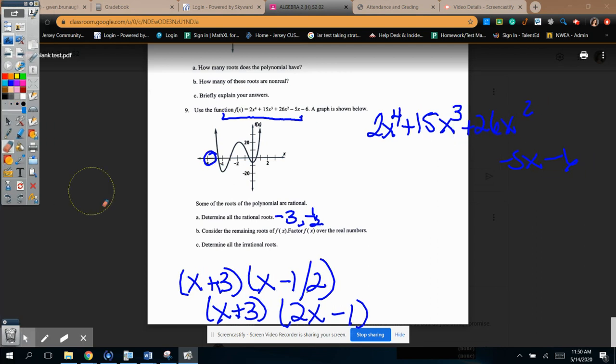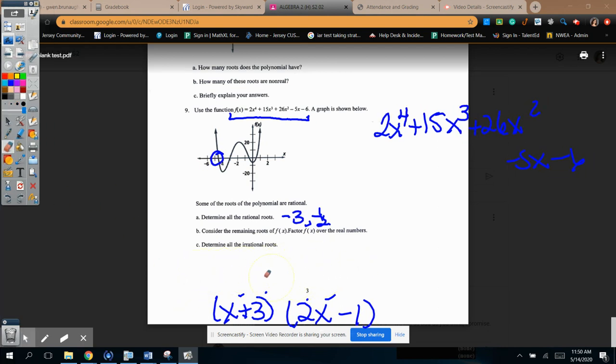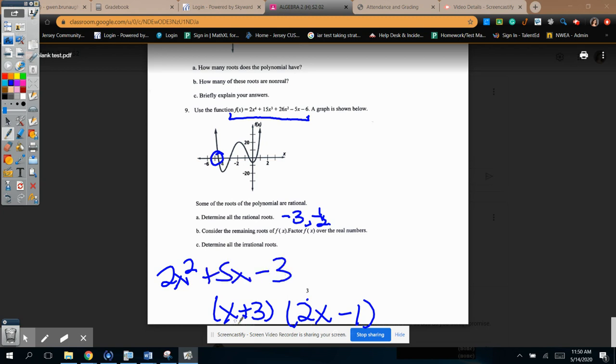And then you'll have to long divide it out, which is disgusting. So this is x plus 3 times 2x minus 1, which is 2x squared plus 6x minus x minus 3, so it's 2x squared plus 5x minus 3. Then you could divide it out of this big guy.